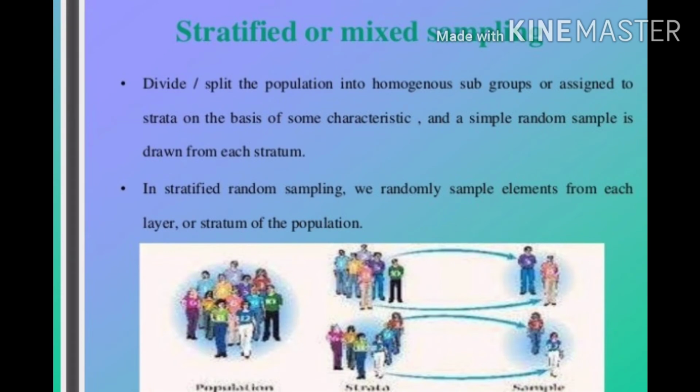Stratified sampling or mixed sampling. Split the population into homogeneous subgroups, or assign strata on the basis of some characteristics, and a simple random sample is drawn from each stratum. In stratified random sampling, we randomly sample elements from each layer or stratum of the population.